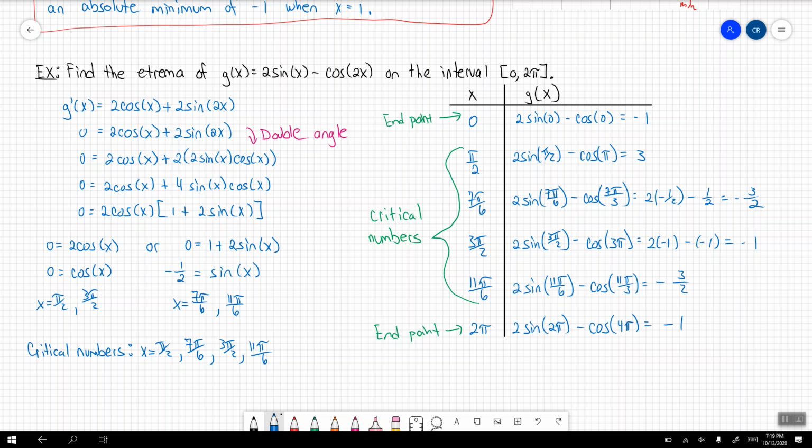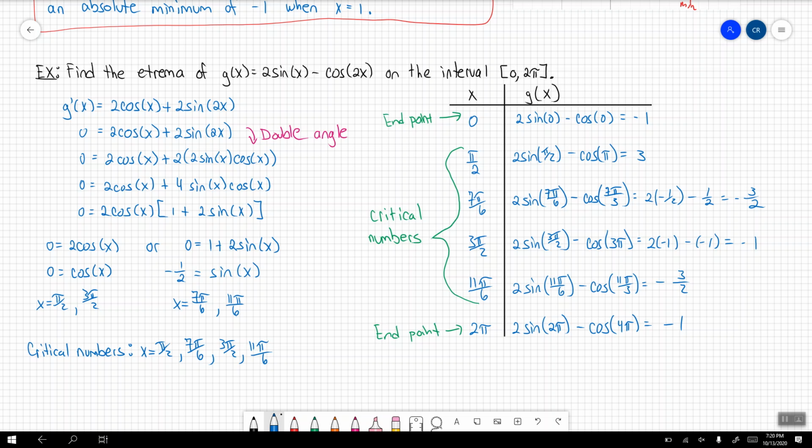So here we are. The last two values give us a value of -3/2 and a value of -1. And so again, since we're wanting to find these extrema on this interval for this function, we then just have to identify which values are the largest produced on these intervals and which ones are the smallest.